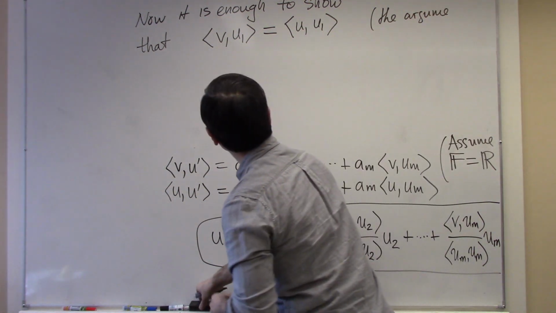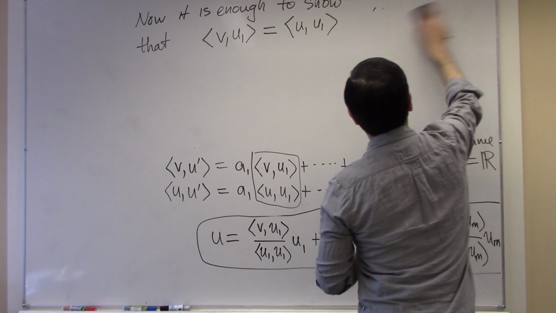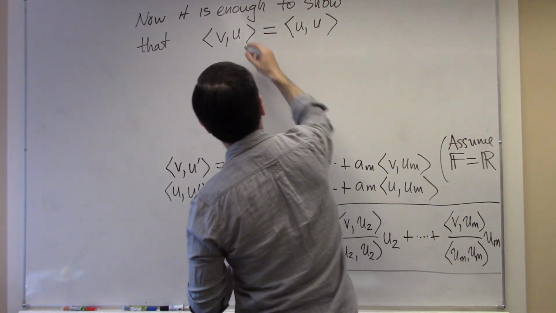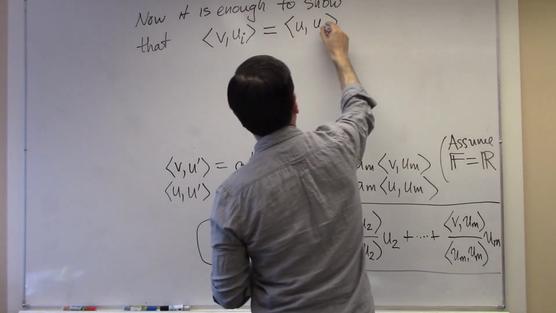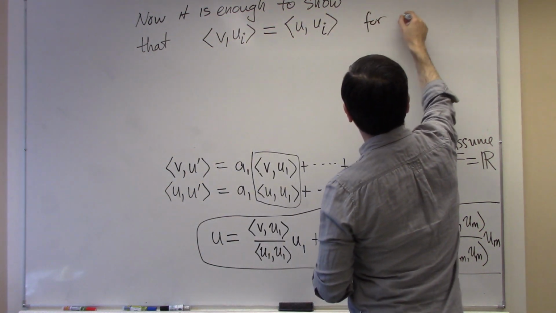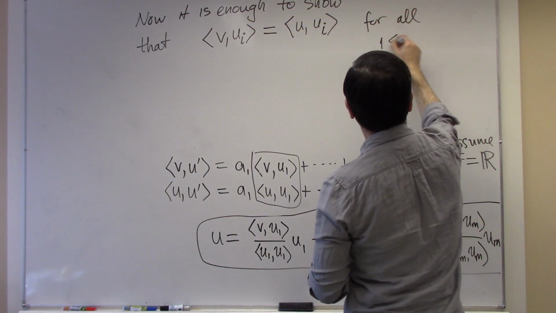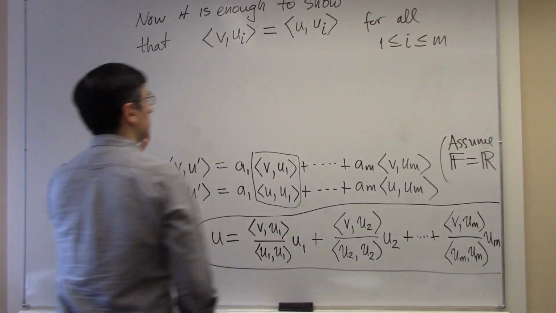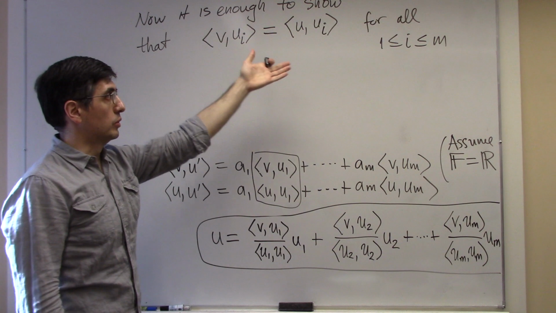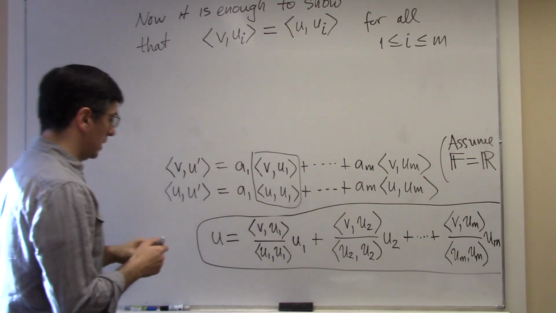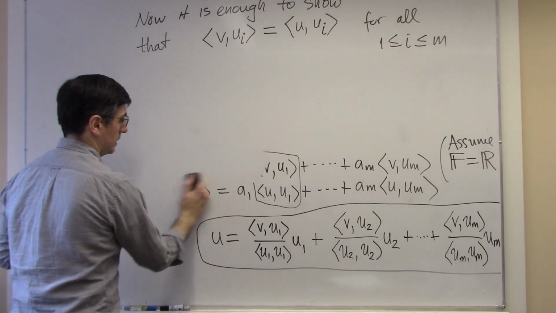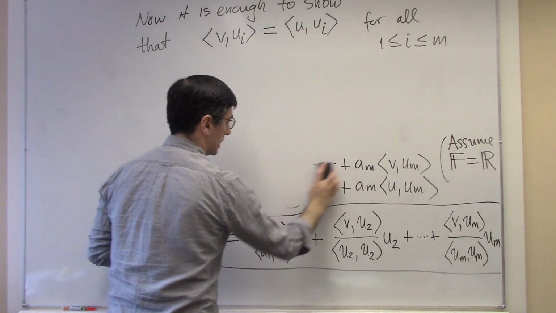Well, it is enough to show this for all i, and then we will do this for i equal 1. The argument for other elements is the same. All right, now I erase this part.